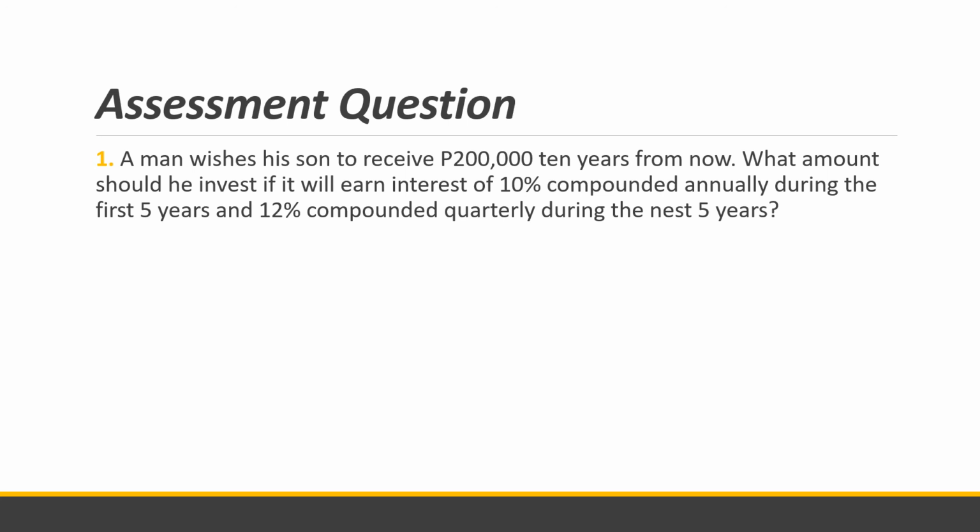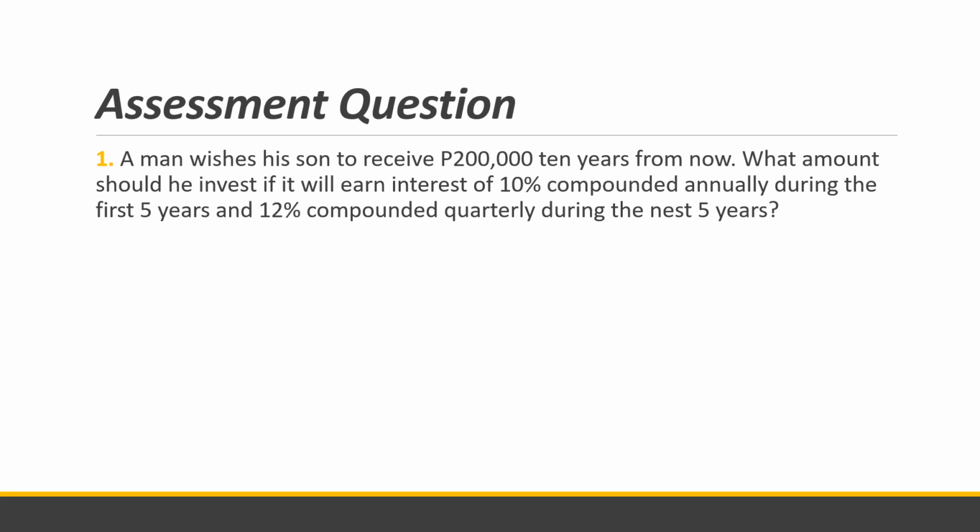So what amount should I invest if it will earn an interest of 10% compounded annually during the first 5 years and 12% compounded quarterly during the next 5 years? So what is the amount I should invest so that after 10 years the accumulated amount of my investment becomes 200,000.